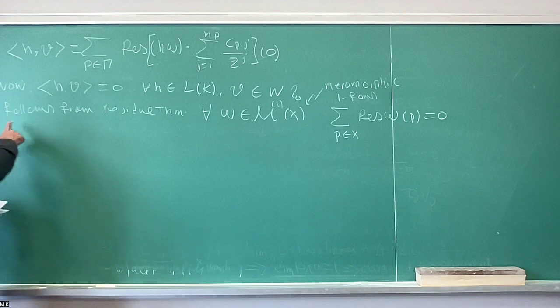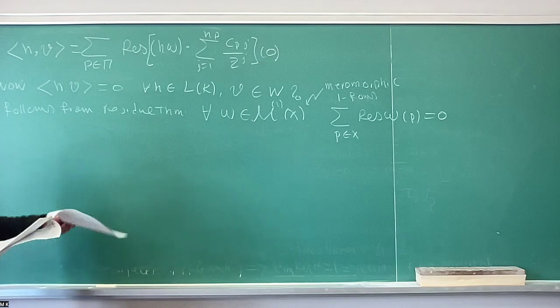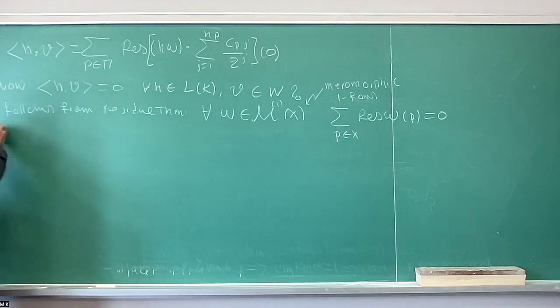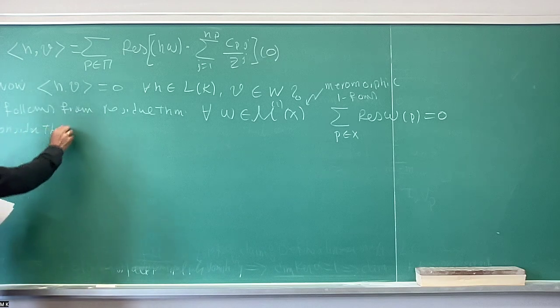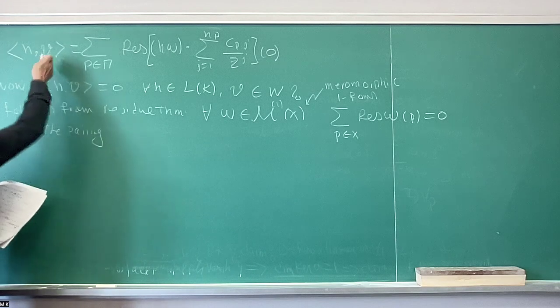Good. Now, we are doing something a little more tricky. So pick a basis. Actually, I don't need a basis. No, I don't need this. This was my first attempt. So now see this pairing. So this is a pairing, right?